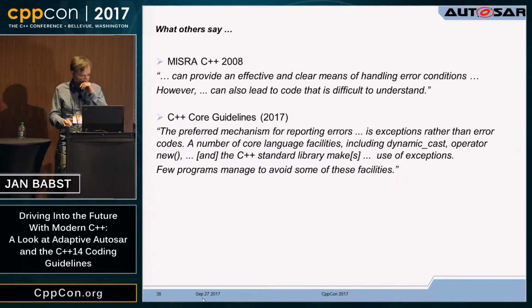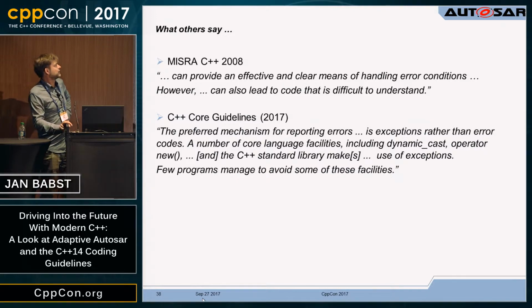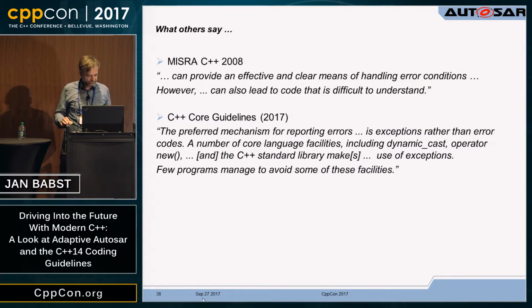What does MISRA C++ say about it? It says it could have advantages, could be a clear means of handling error conditions, but it's a piece of code that's difficult to understand. It's basically saying, well, we don't know how it works either. They don't give any further guidance on how to use them correctly.